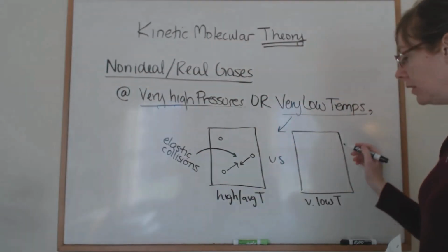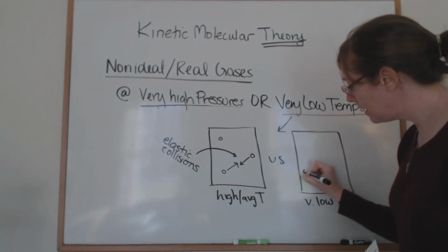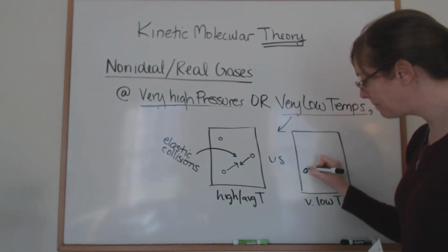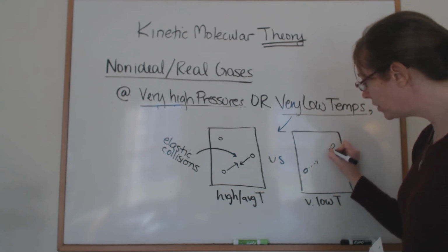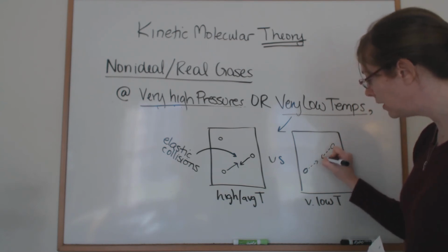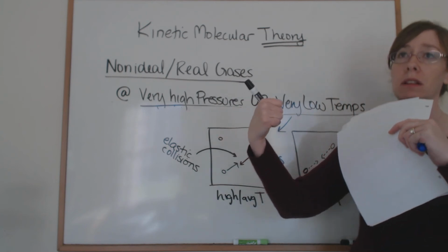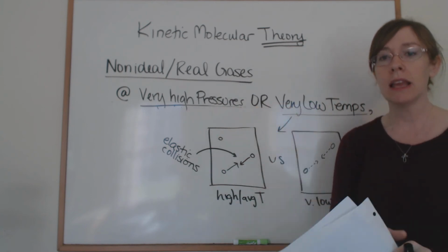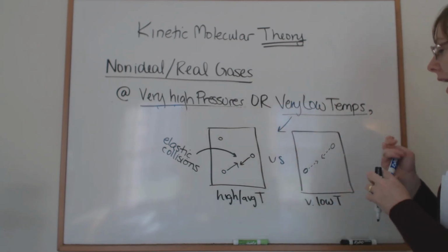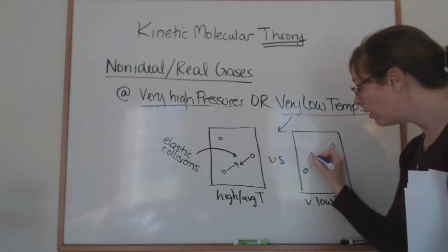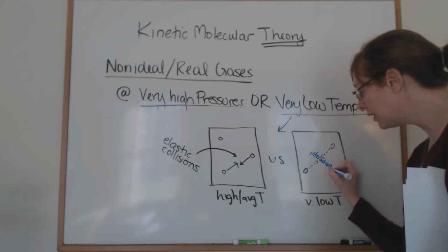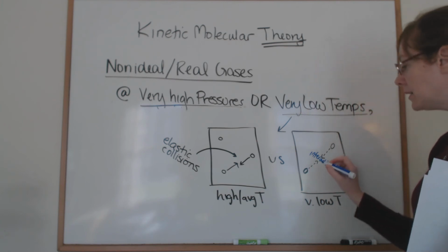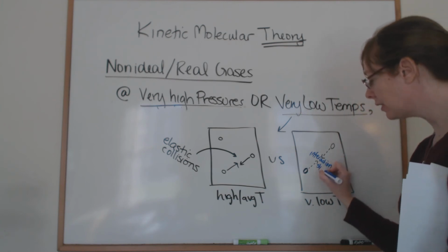Whereas when you have low temperatures, let's see if I can diagram this maybe with a dotted line, these particles are approaching each other very slowly because they're moving so slowly because of the low temperatures. As they are approaching each other, there's actually time for interaction. And that interaction is going to be a slight attraction because of intermolecular forces.